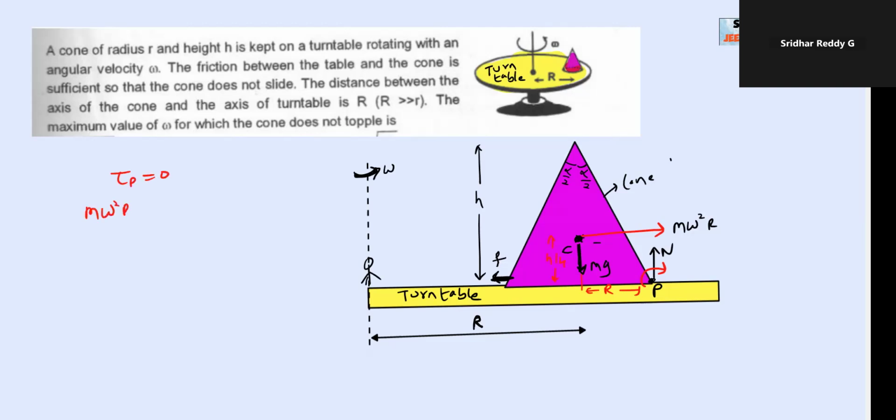Torque due to centrifugal force will be m omega square r into H by 4. Torque due to mg will be mg into R.